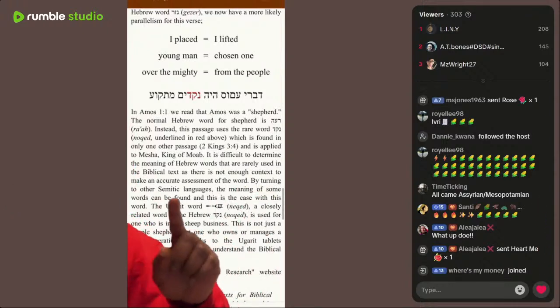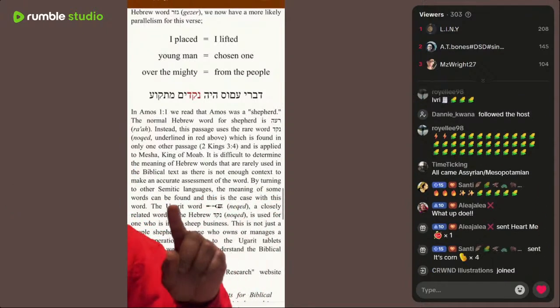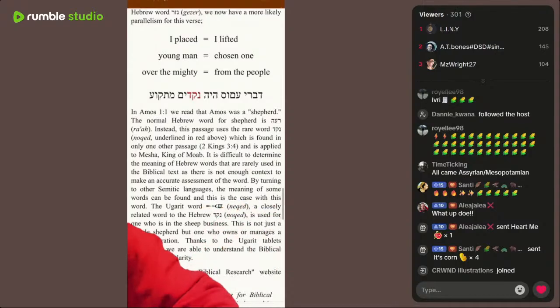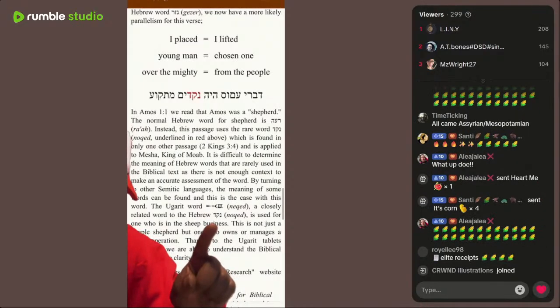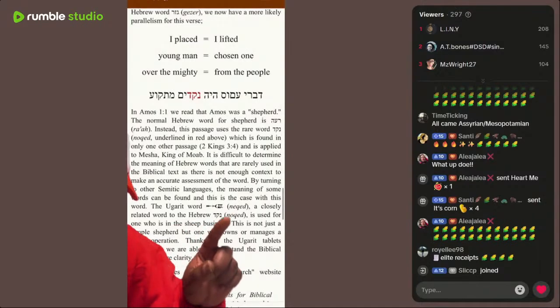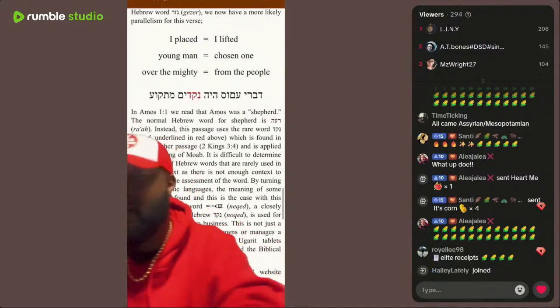By turning to other Semitic languages, the meaning of some words can be found. That is the case with this word. The Ugarit word, naqued, is closely related to the Hebrew word, noqued. Now let's go look that up.